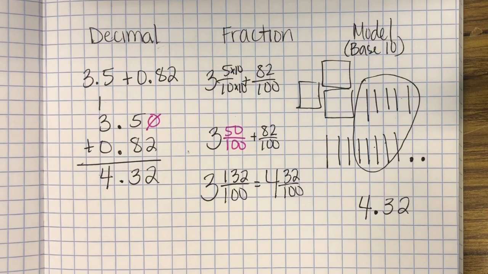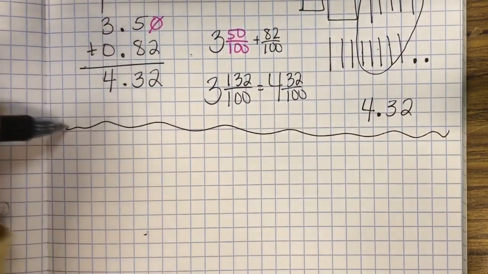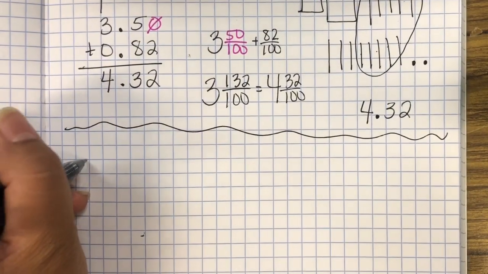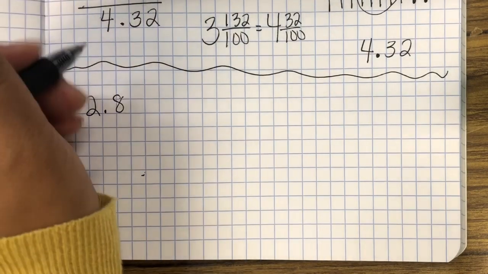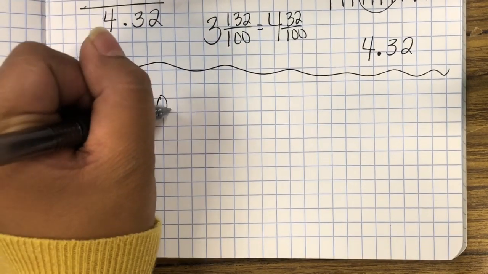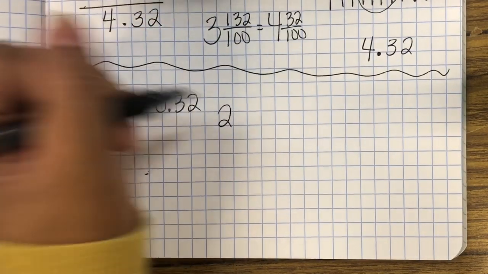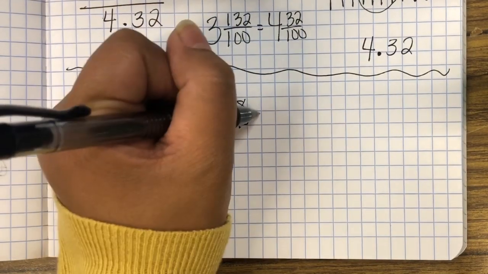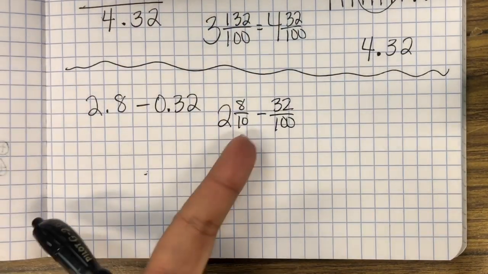Now let's do it with subtraction. Let's say we have 2 and 8/10 subtracted by 32 hundredths. We have 2 wholes and 8/10 and then 32 over 100. Same case scenario, we need common denominators.